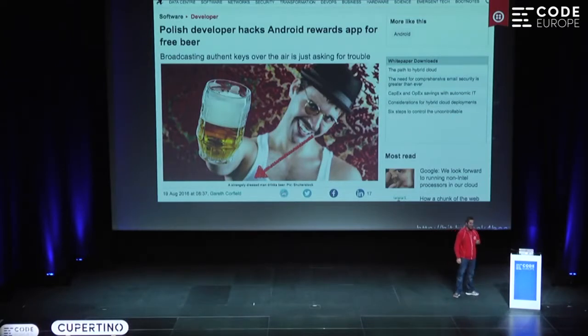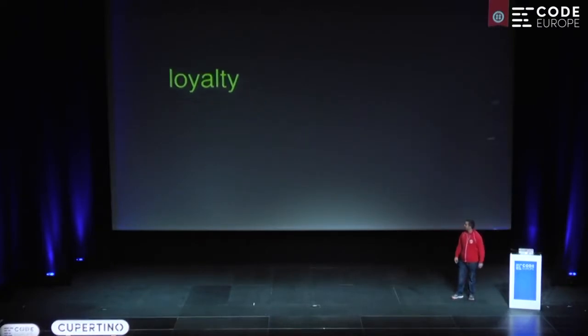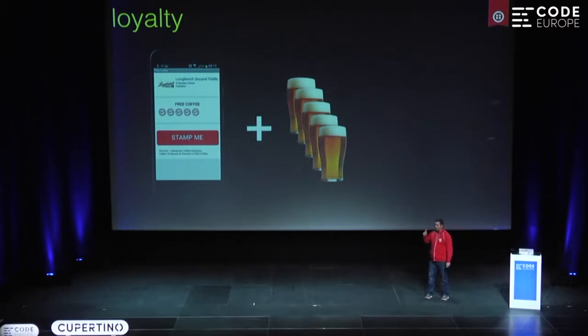But the way Kuba Gretzky actually managed to hack this application was through loyalty. So as it turns out, here in Poland, last year, there was an application very similar to this one that would give you 1 free beer for every 5 beers that you bought. So you would go to a bar, you would show your phone, and you would get a free stamp.